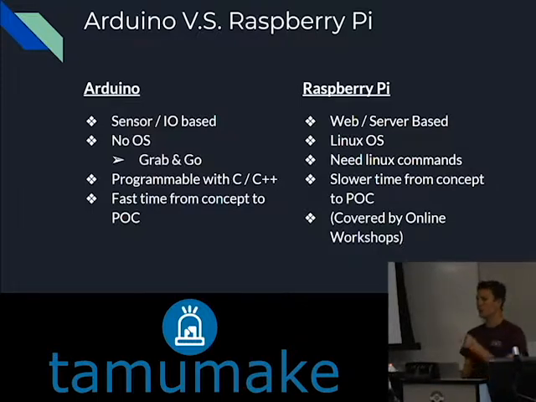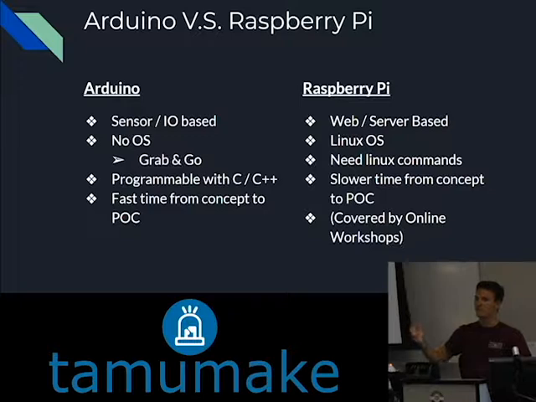So if you want to make a weather station, you can basically record the temperature, humidity, and pressure, and then do something to output that. Arduino is very, very good at doing that. It doesn't have any operating systems. So what that means is it's not like a computer where you boot it up and then you program into it. You program on your computer, then you upload that code to the Arduino and it just runs it.